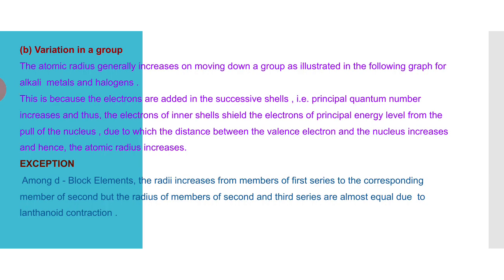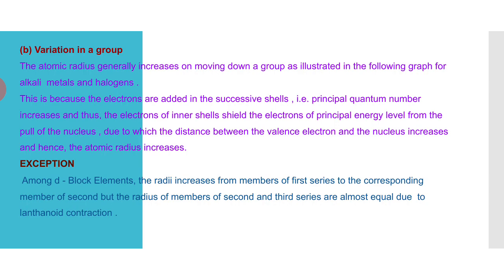This is because the electrons are added in the successive shells, that is, the principal quantum number increases, and thus the electrons of inner shells shield the electrons of the outer energy level from the pull of the nucleus, due to which the distance between the valence electron and the nucleus increases, and hence the atomic radius increases.